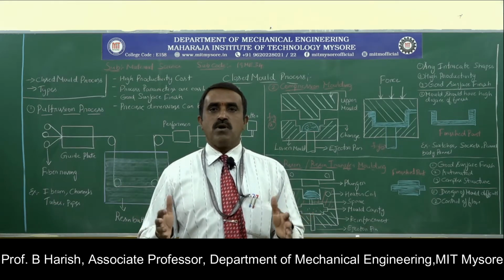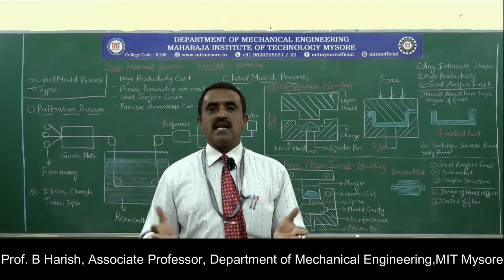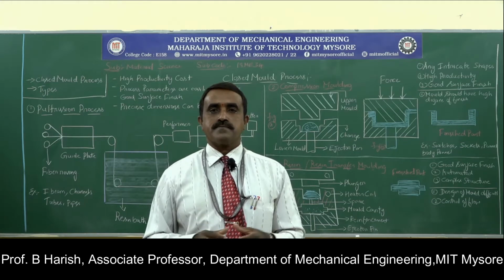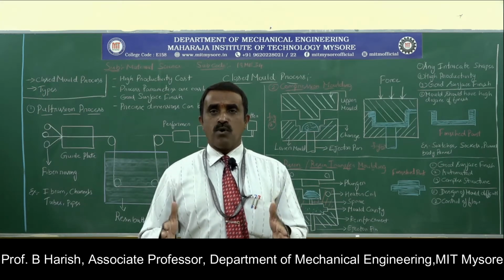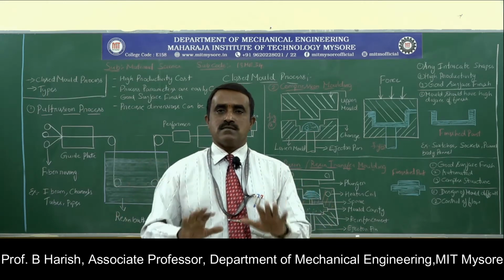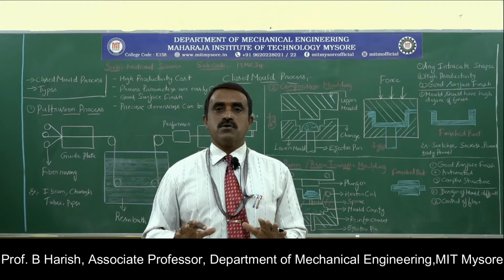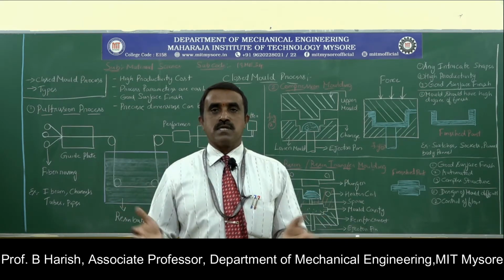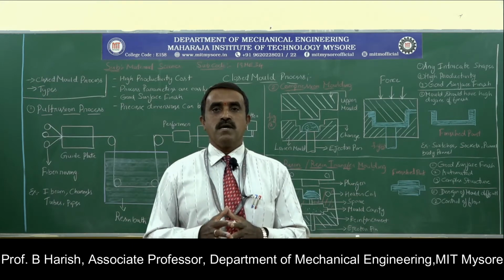A mold is nothing but a container in which molten material will be filled. In the open mold process, the mold is open to the atmosphere, whereas in the closed mold process, the mold will be closed inside.